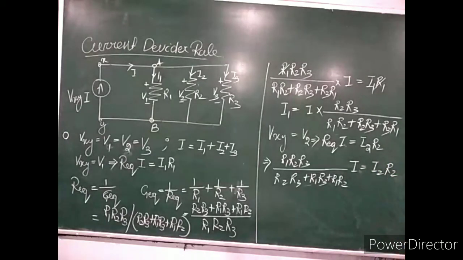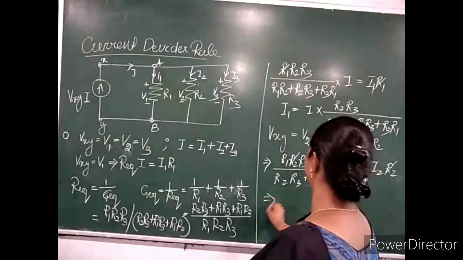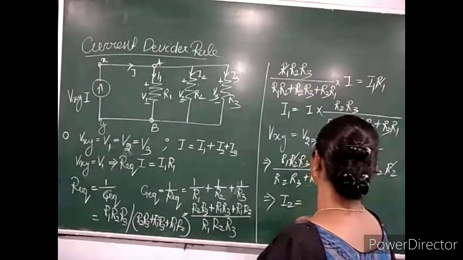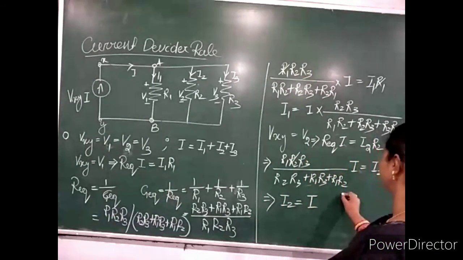Both the left hand side and right hand side of this equation are cancelled out. So I2 is equal to total current into the corresponding expression.